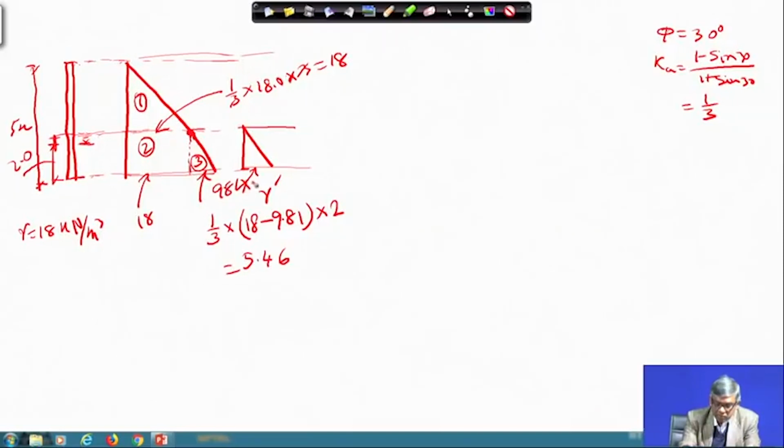9.81 multiplied by 2, that means it will be 19.62. So, this value will be this one.